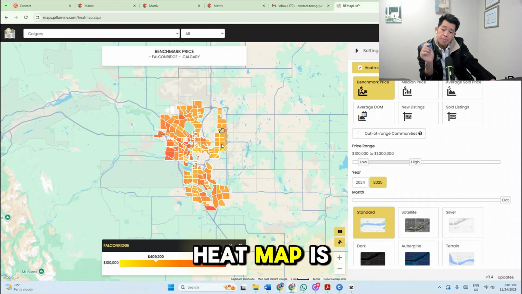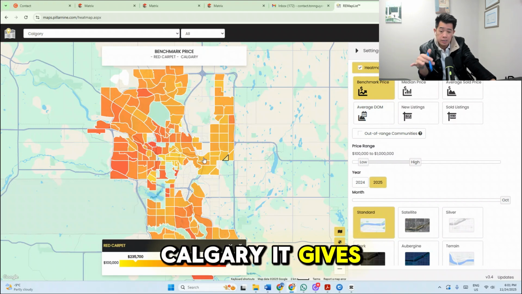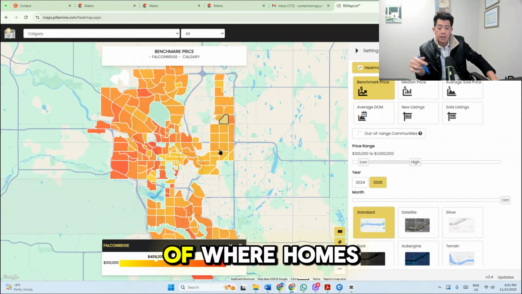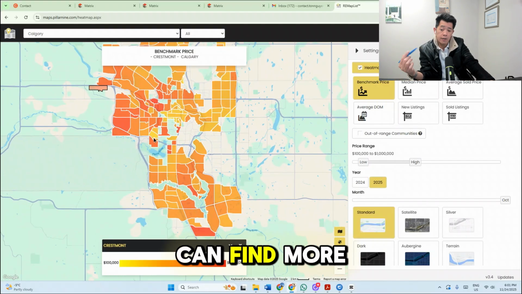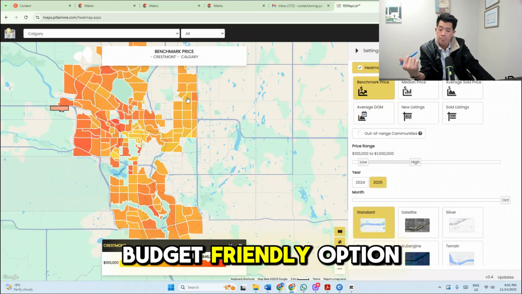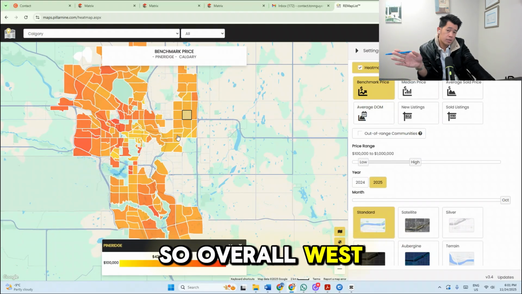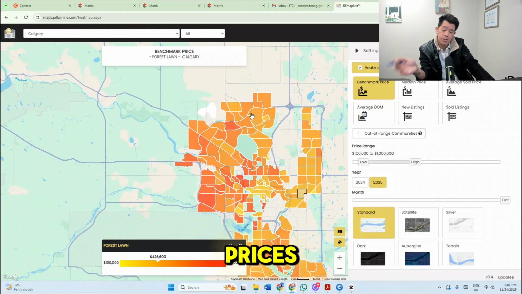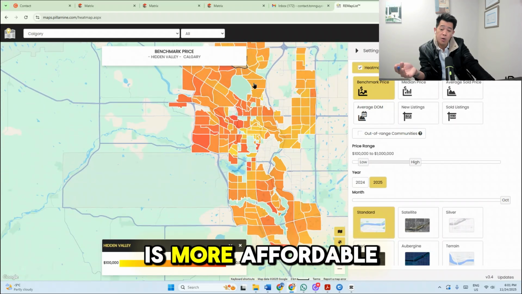So this heat map is a great way to understand the landscape of Calgary. It gives you a quick picture of where homes are more expensive and where you can find more budget-friendly options, right? So overall, West is normally higher prices. East and Northeast is more affordable.